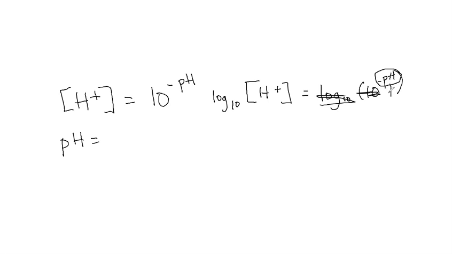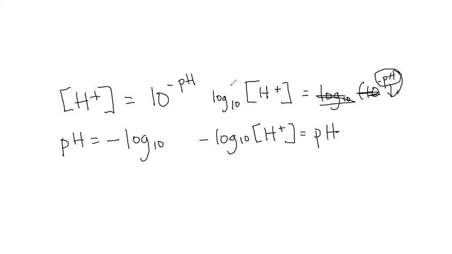This comes down here. Okay, so log base 10 of the concentration of hydrogen equals negative pH, or negative log base 10 of the concentration of hydrogen equals pH. Okay, yeah. So I thought this was what it was, but I just wanted to make sure, and this is faster than switching out and looking it up online.